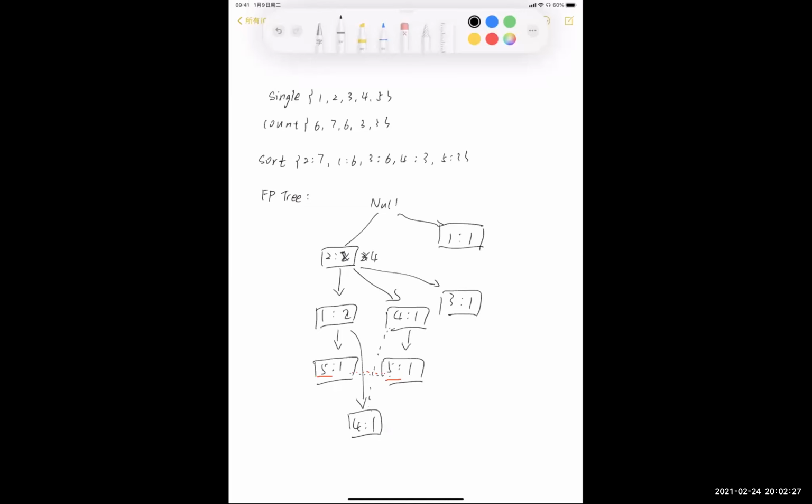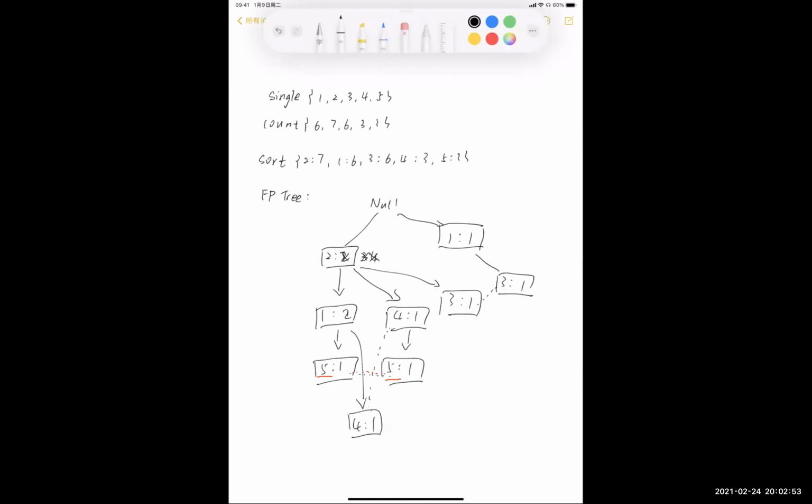It should be 1, and this one has the sub node 3, and we also need to have a link between the 3s.